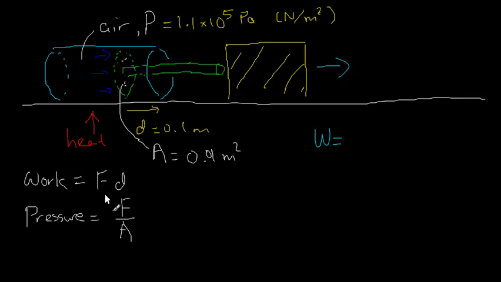Now, we know force over area is pressure, so the force applied here is related to the pressure P by A times P. So let me write this out. Work done is force times distance.